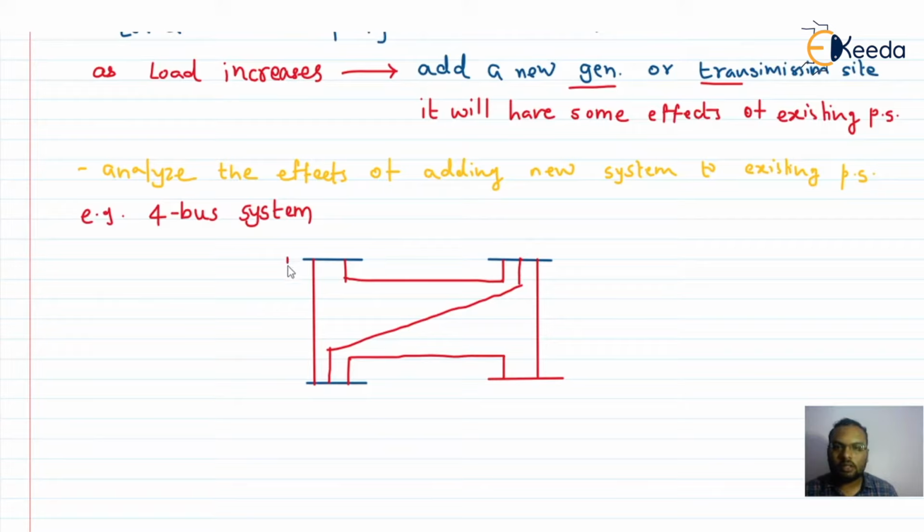Let's say this is bus number one, this is bus number two, this is bus number 3, and this is bus number 4. Okay, suppose this is my existing power system.